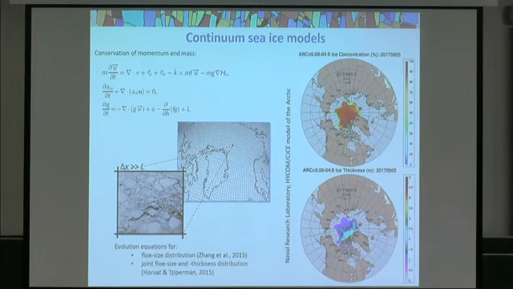At large scales, we use continuum sea ice models to simulate sea ice, which means that we assume that we can treat the ice as a continuous mass rather than as a material which is made of a lot of small elements. And we use the equations of conservation of mass and momentum, which are used to obtain ice concentration, ice thickness, and ice velocity.